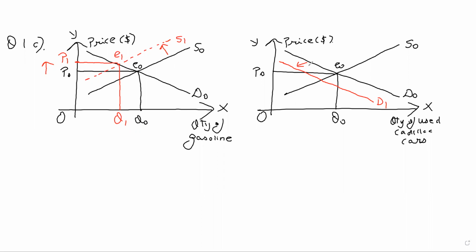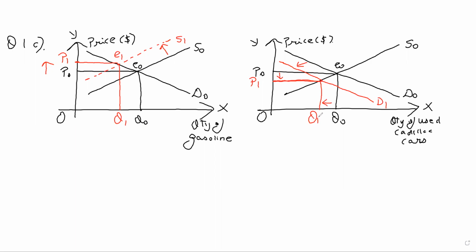I again repeat, gasoline and Cadillac cars are complements. So when the price of gasoline goes up, demand for Cadillac cars falls. Demand curve shifts to the left. As a result, price of used Cadillac cars falls. Quantity of used Cadillac cars also falls.